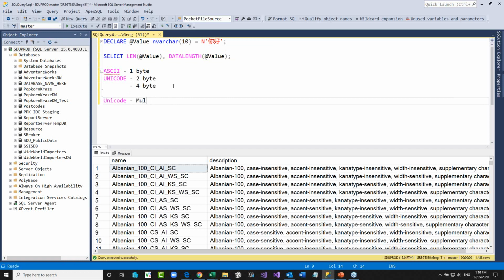Unicode has what's called a multilingual plane, and that's that first lot of 2 bytes. So really the first, 0 to 65535.